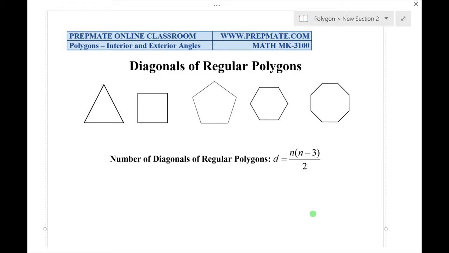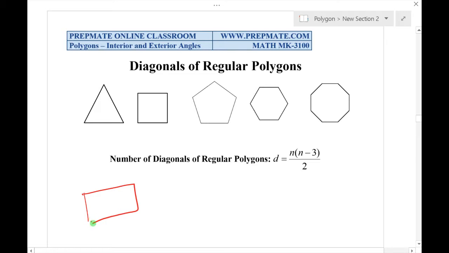Just like the way you have diagonals in a quadrilateral like this, there are 2 diagonals, okay? And you also have diagonals for all other shapes like this. So for example, let's begin with a square, which is a 4-sided regular polygon, and so we have 2 diagonals like this.